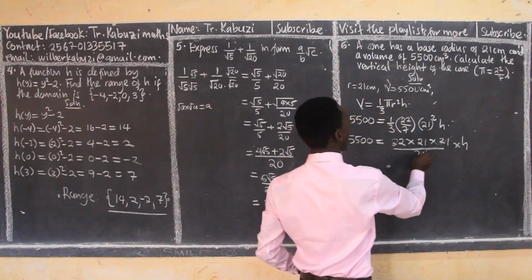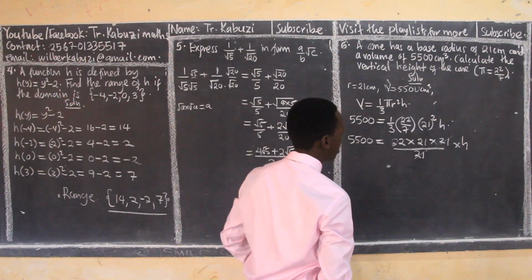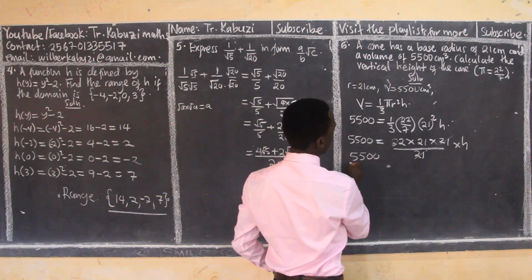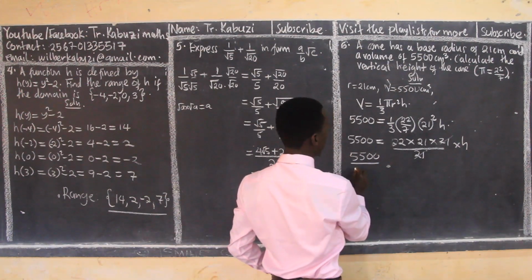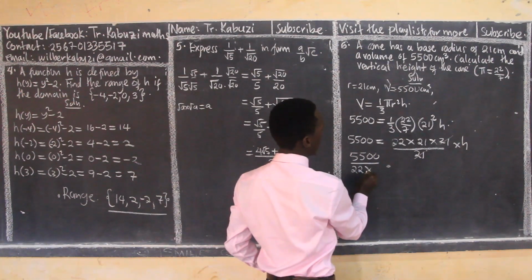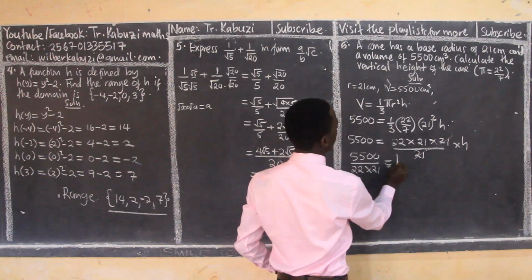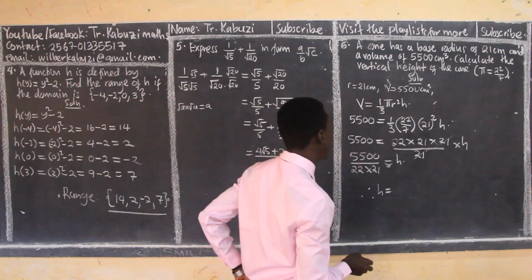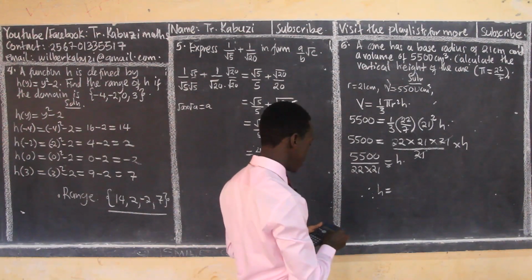You see this one goes. If you make height the subject, you see we shall be having divide by 22 times 21, and we shall be having our height. Therefore, our height, you give it 4 decimal places.